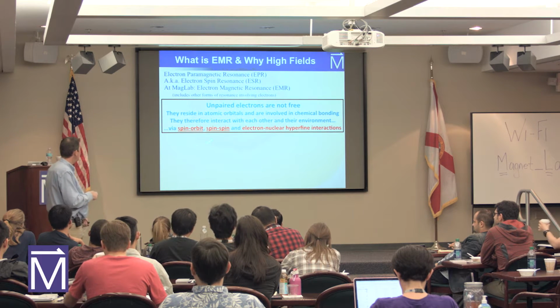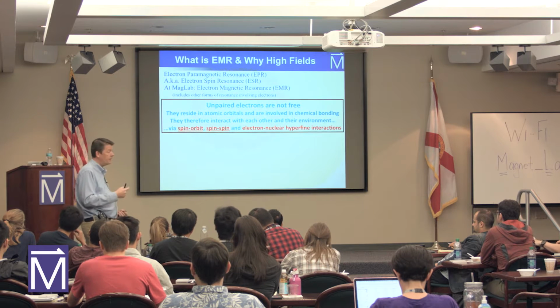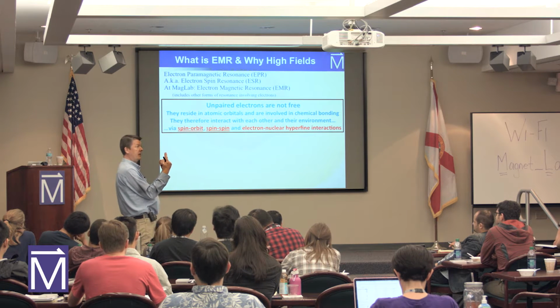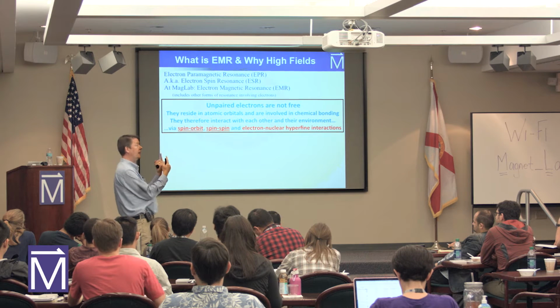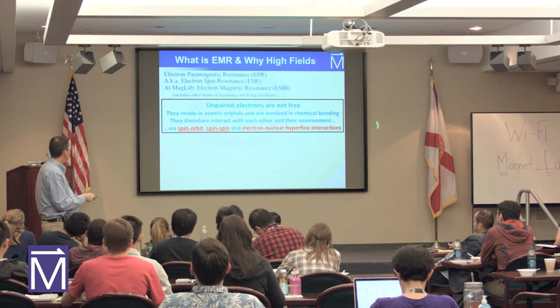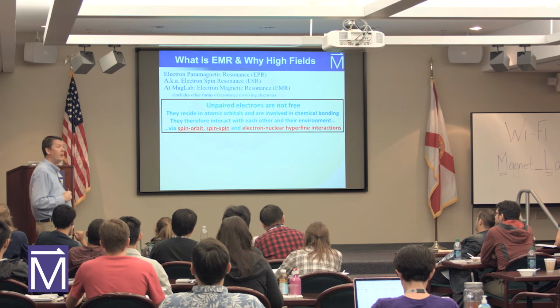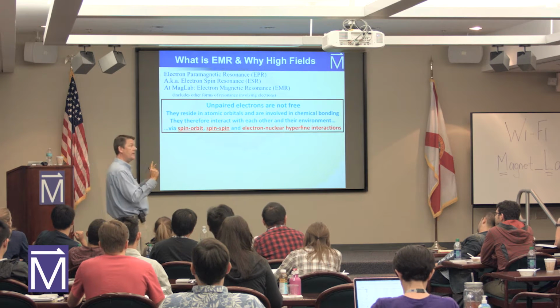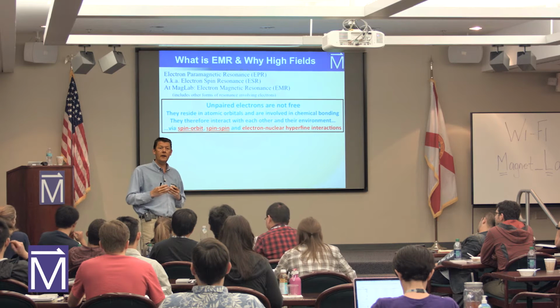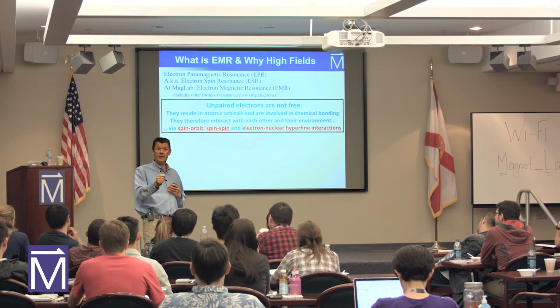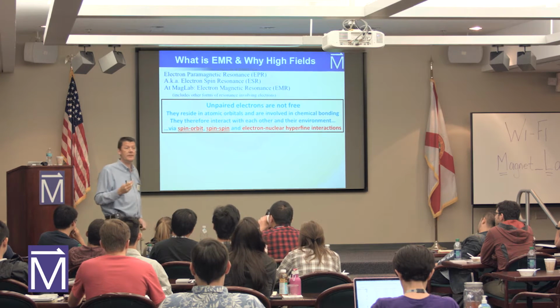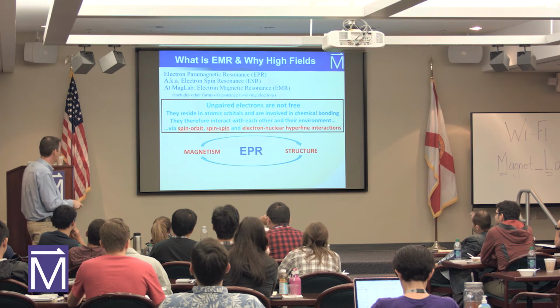Spins also interact with each other through either dipolar interactions or quantum mechanical exchange interactions. They interact with nearby nuclei through hyperfine couplings and also through dipolar interactions. So through all of these couplings, you can really learn a lot about what an electron sees in its environment in a material. And that's a very, very powerful probe.